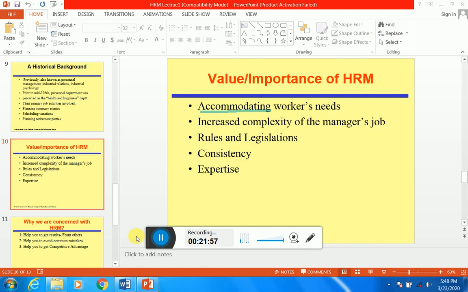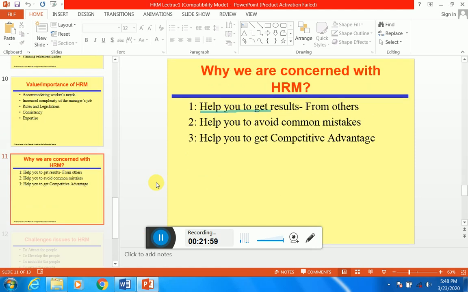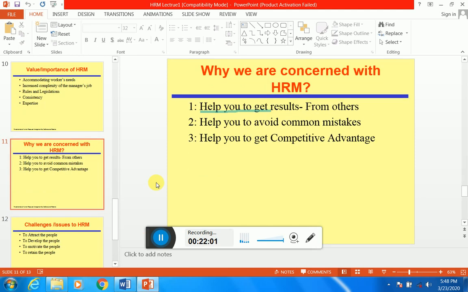Now we are moving to the next slide, and here we are going to explain why we are concerned with human resource management. There are so many points, so many aspects. Three of the points I'm going to explain. Point number one is that human resource management helps you to get results from others. What does it mean?